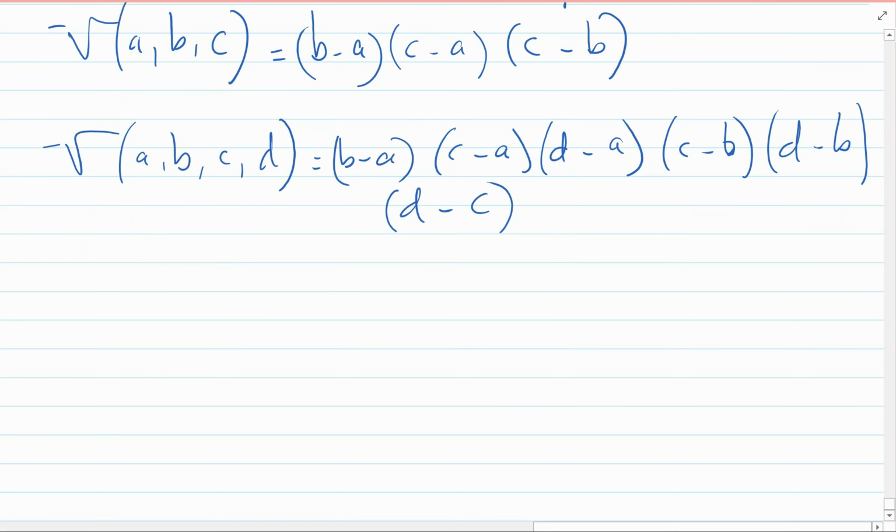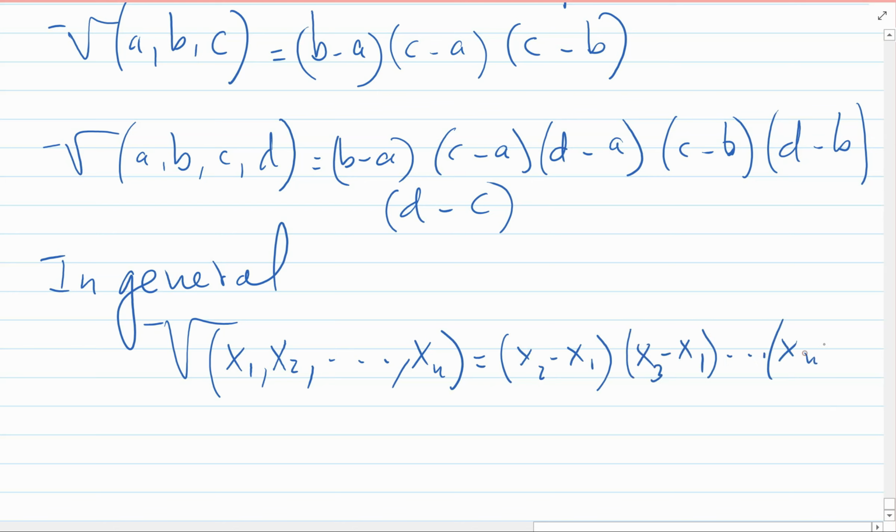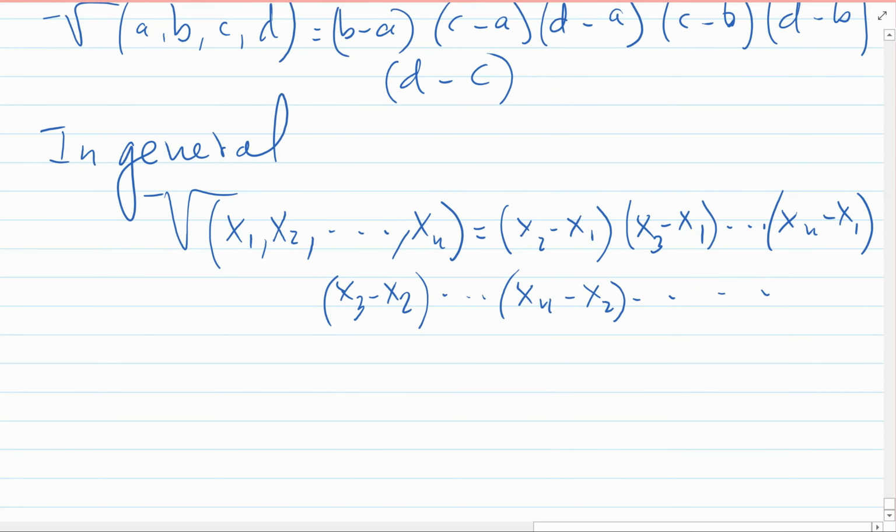If I take now, in general, V of x1, x2, etc., xn, what's going to happen is we're going to get x2 minus x1, x3 minus x1, etc., till I reach xn minus x1, times x3 minus x2, etc., till xn minus x2, etc., and the last one will be xn minus x(n minus 1).